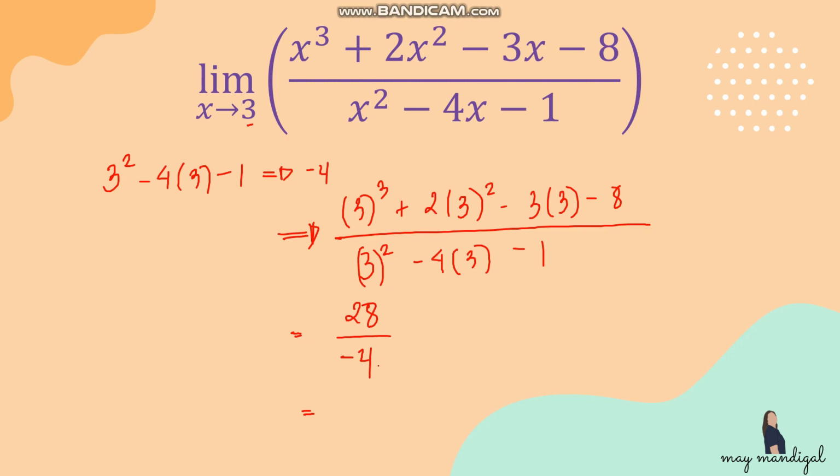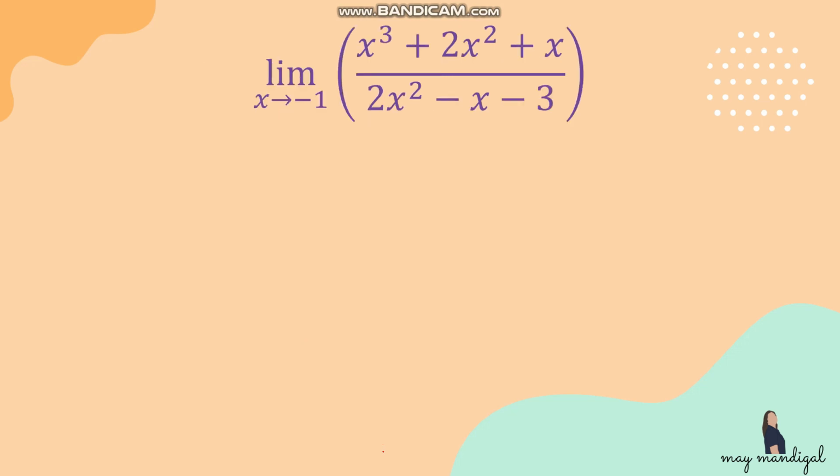So simplifying this, we will get negative 7. So therefore, our function approaches negative 7 as x approaches 3. So that is, again, what you will do. You check first if the c, or the value of c, is part of the domain of our rational function. Another example.